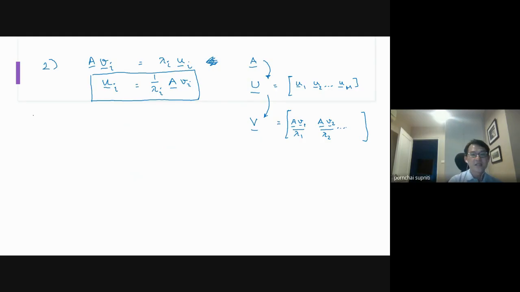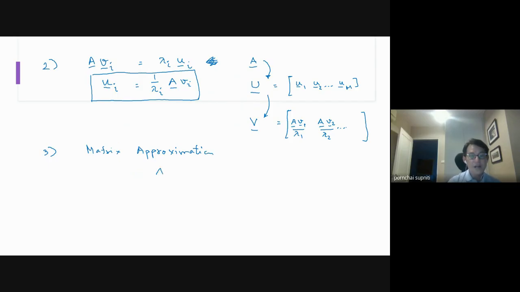The last one, number 3, is the matrix approximation. This is related to the sum.